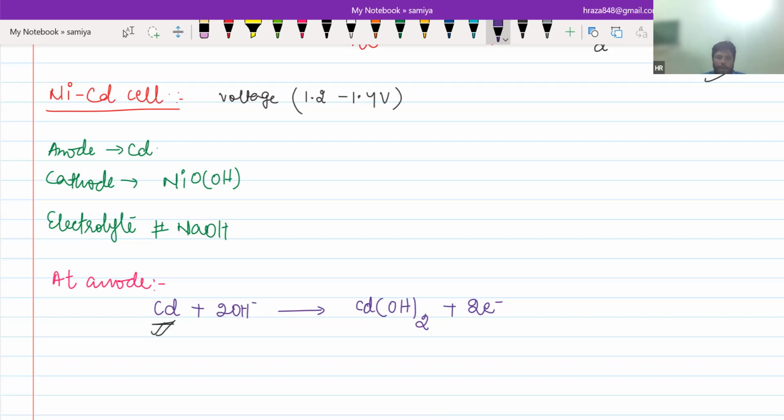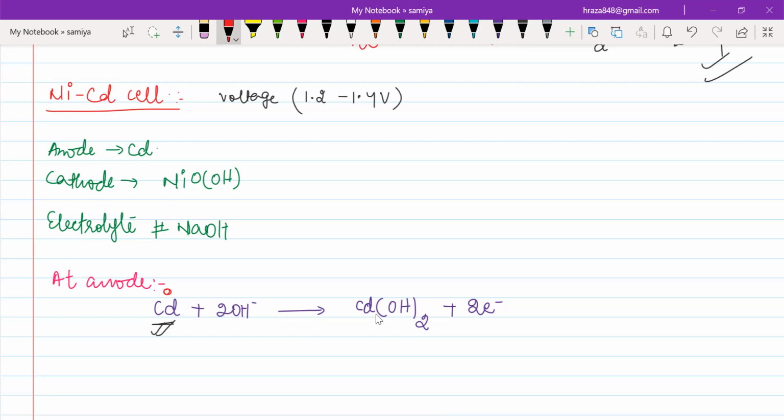It is alone, it is a metal, in metallic or elemental form. So whenever a metal is in elemental form, what will be its oxidation state? In the previous class I told you, in elemental or molecular form the oxidation state will be 0. Yes.